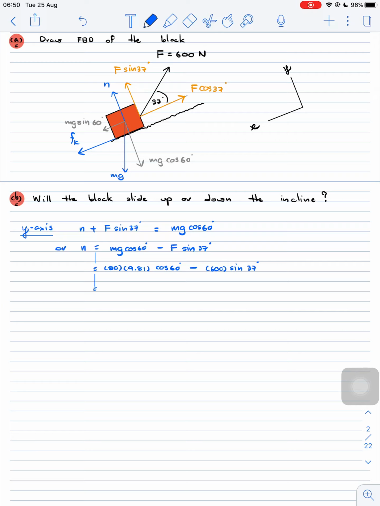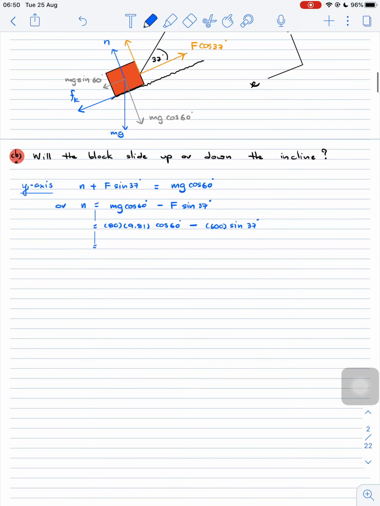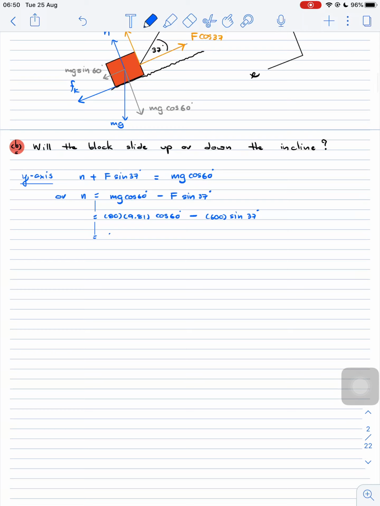After using the calculator, you get 31 Newtons. So this is the normal force that we get, 31 Newtons.